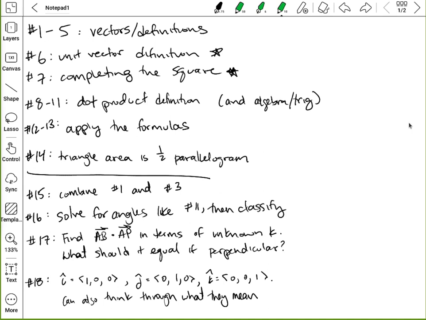If you wanted to take a picture of this, the more standard ones are problems 1 through 5, basically 8 through 13, and then there are these ones that have some tricks to them that I tried to write briefly here. The trick for 14 is actually on your worksheet, so that's not really new. And then these two with stars I'm going to start out talking about.